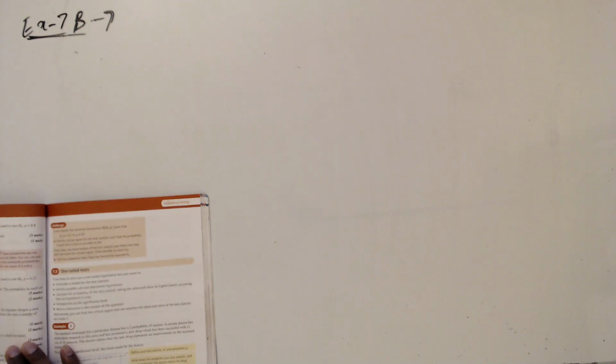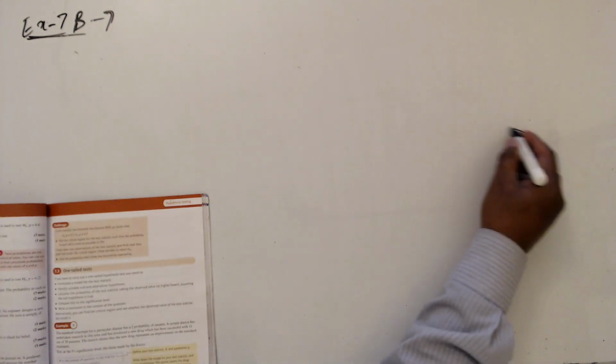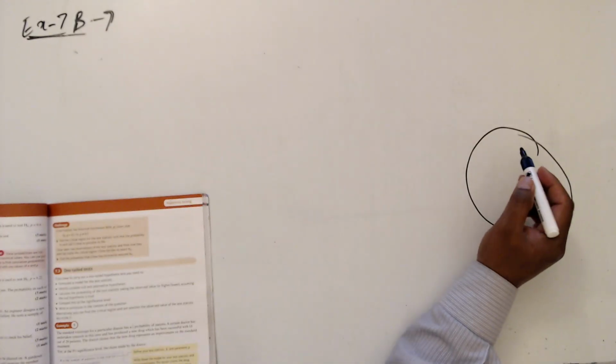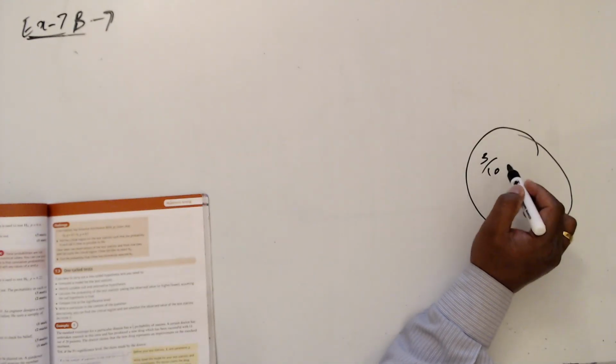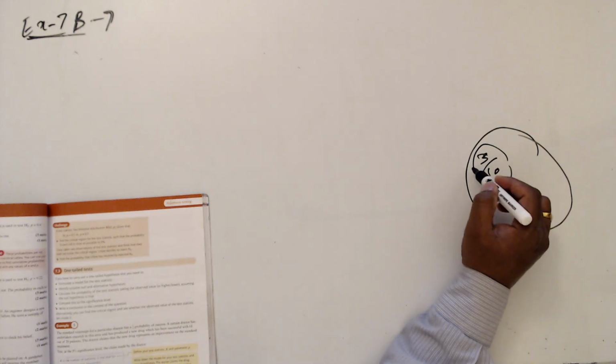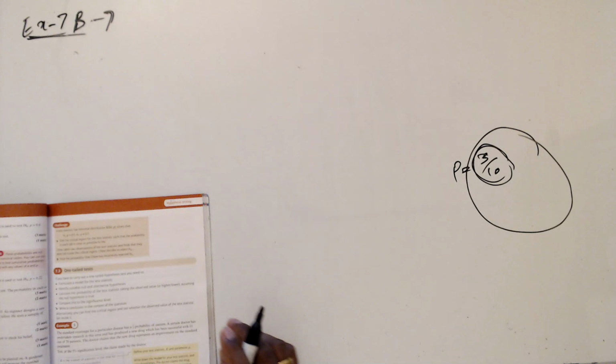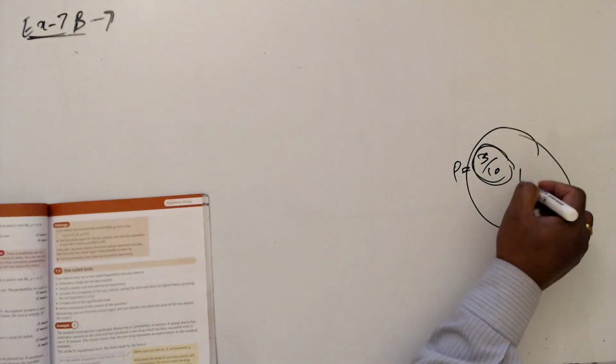Question number 7. The mechanical component fails on average 3 out of every 10. Now this is a statement from the population. So 3 out of 10 is the average failing. P is 3 out of 10 failing, which is 0.3.